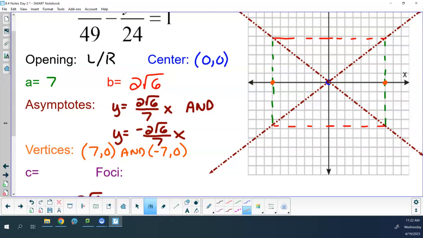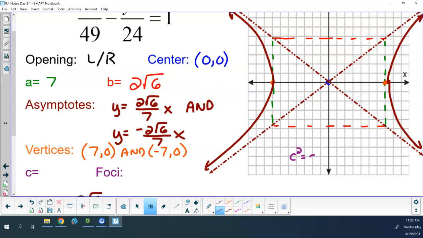Step number 6 now says we can draw in the asymptotes. Step number 7 lastly says c squared is equal to a squared plus b squared.